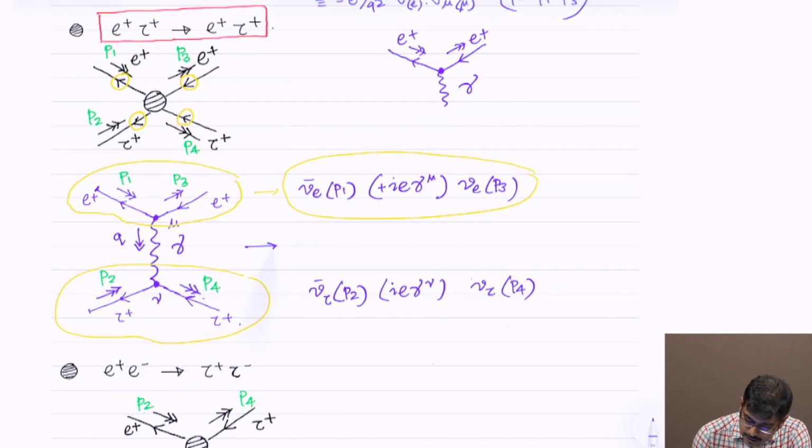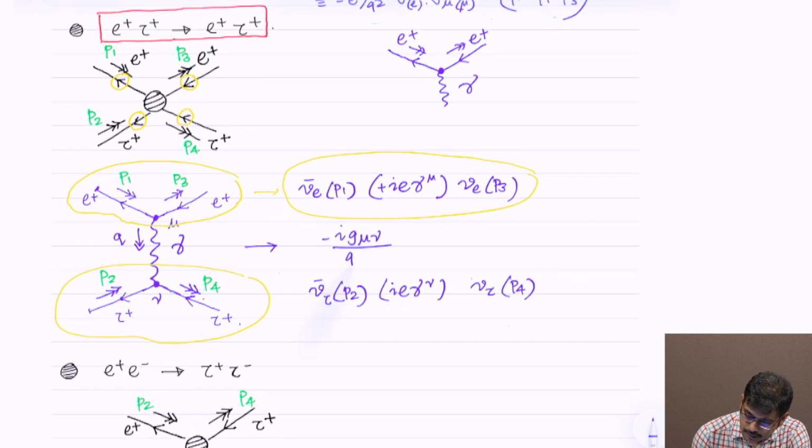The propagator is essentially the same one, minus I, the photon propagator, g mu nu by q square plus I epsilon.